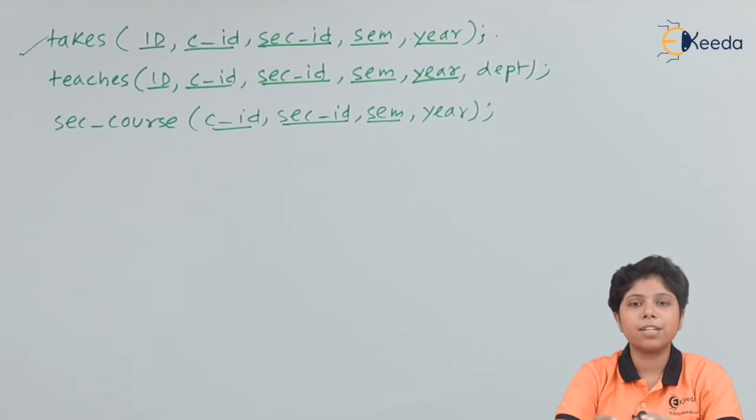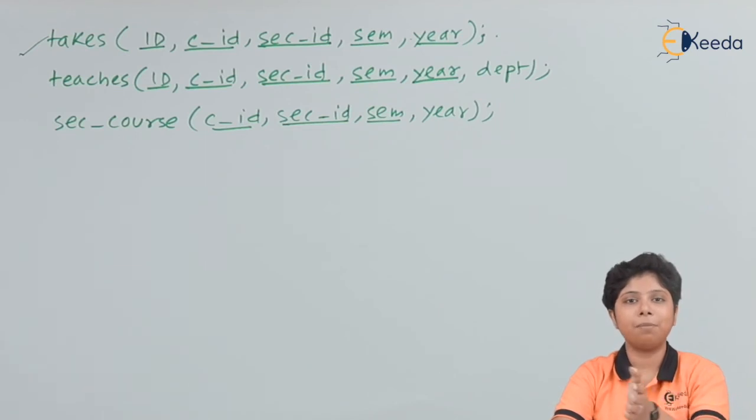Now first let us look at some relations and check whether the combination is valid or invalid. Say suppose the instructor and department have ID, name, salary and the department name, building and budget.